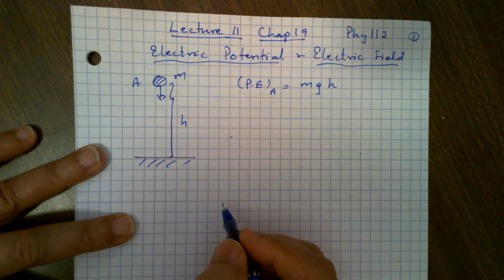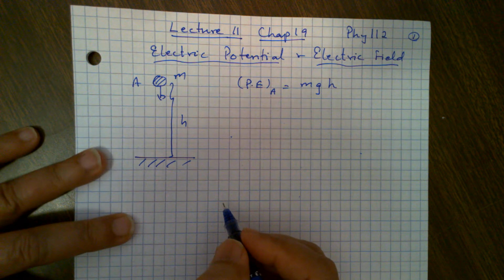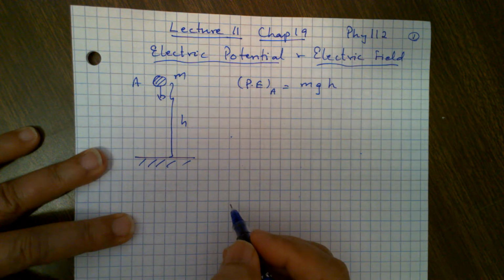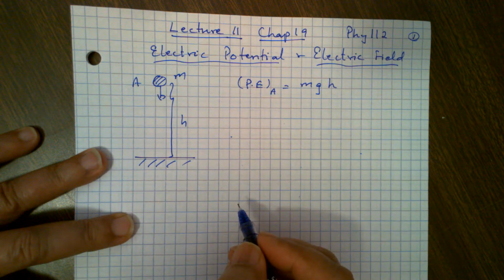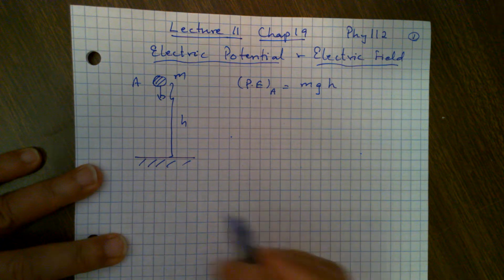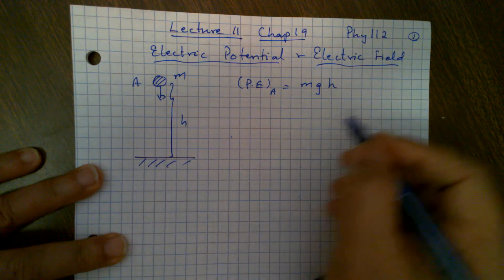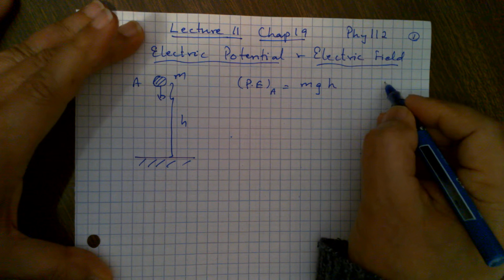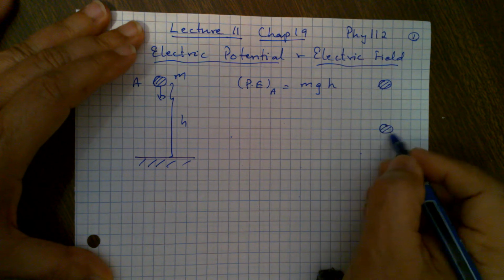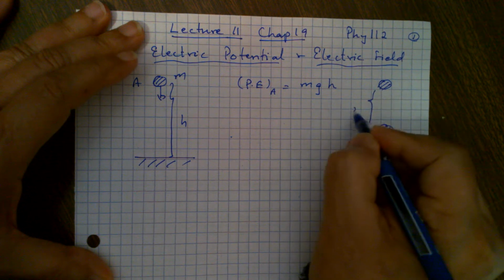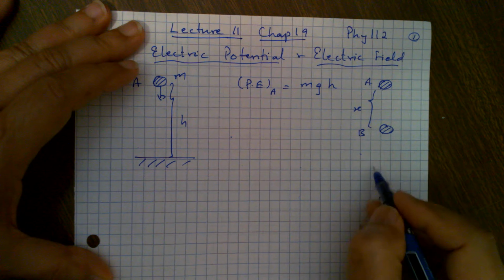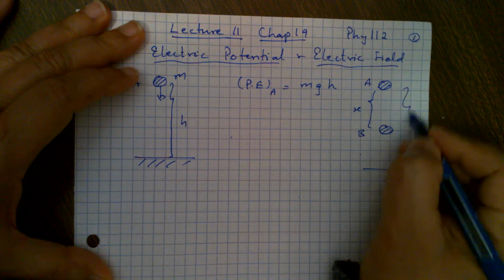Now let's suppose I want to make this object drop a distance x, right? So let me draw another picture. So now this is the original height, and then this is a distance x. This is point A, this is point B, and this is the original height h.